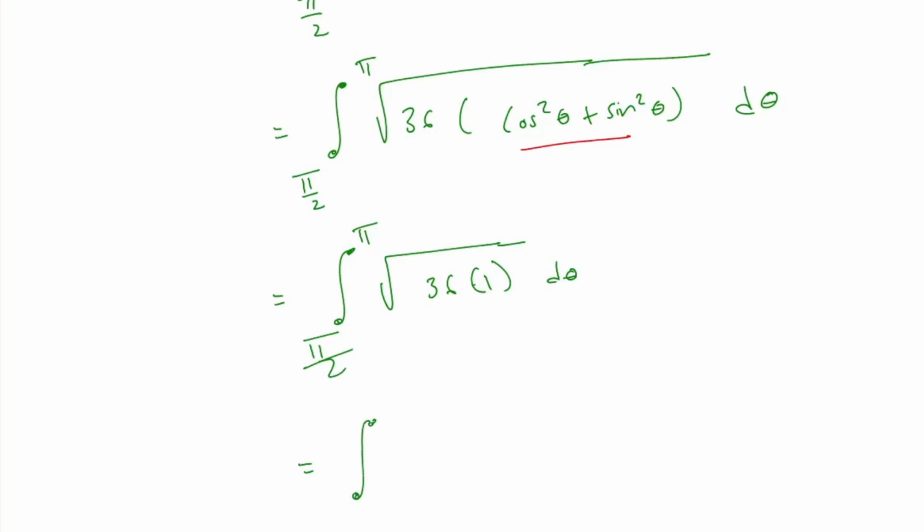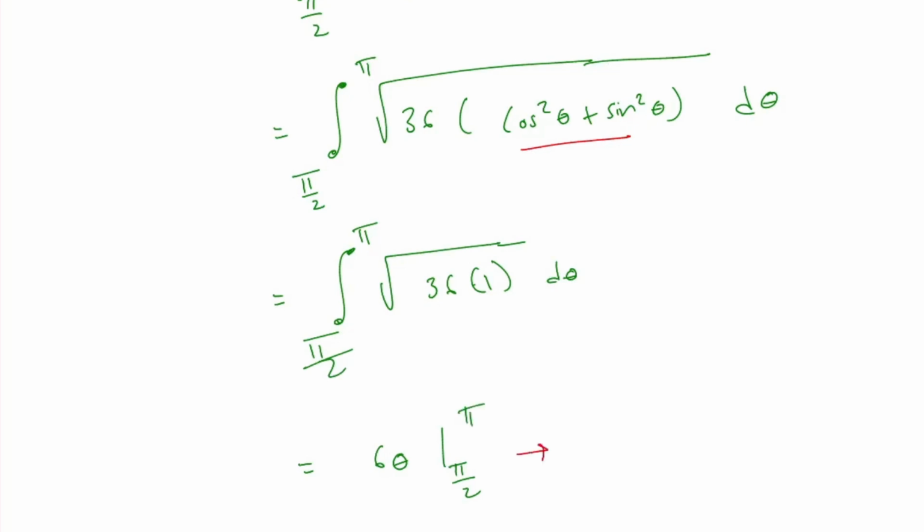And the integral of just 6 is just 6 theta in this specific case. Sorry, that's the wrong format. Once you take the integral, you have to write it like this: 6 theta, and we're going to be plugging in pi over 2 and pi over here, okay?